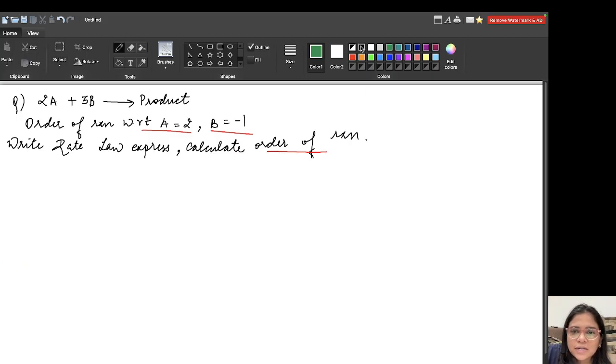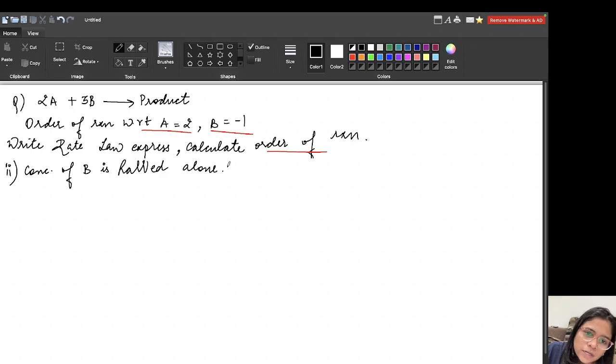Okay, the second part is telling us the concentration of B is halved alone. So how is the rate affected? That's the same question.